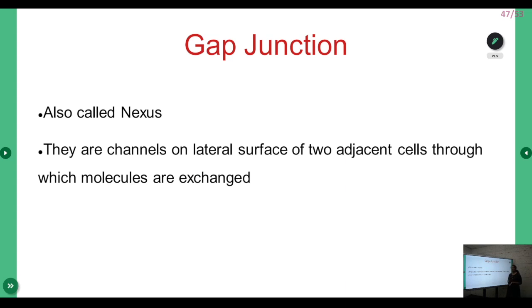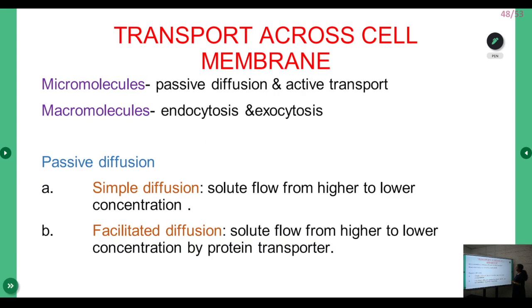Next is the gap junction. It is popularly called the nexus. These are channels on the lateral surface of adjacent cells through which molecules are exchanged. So the gap junction is also called the nexus, and these are channels on the lateral surface of adjacent cells through which the molecules are exchanged.